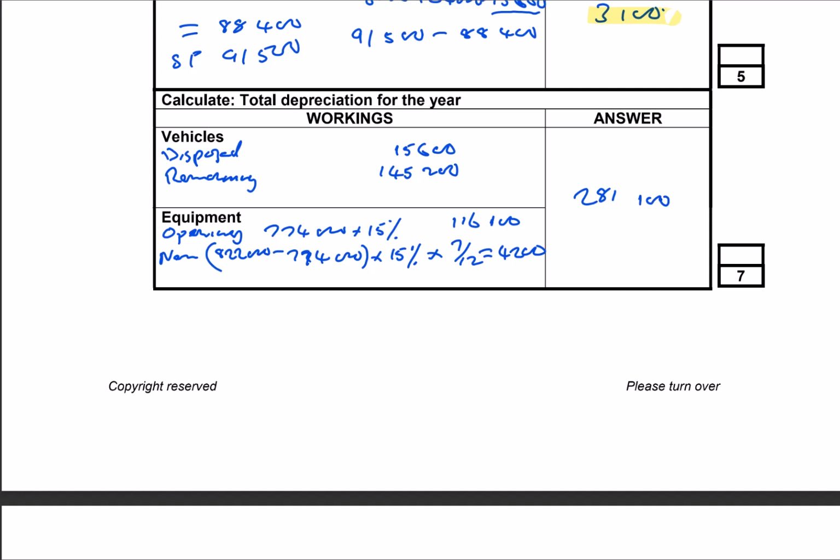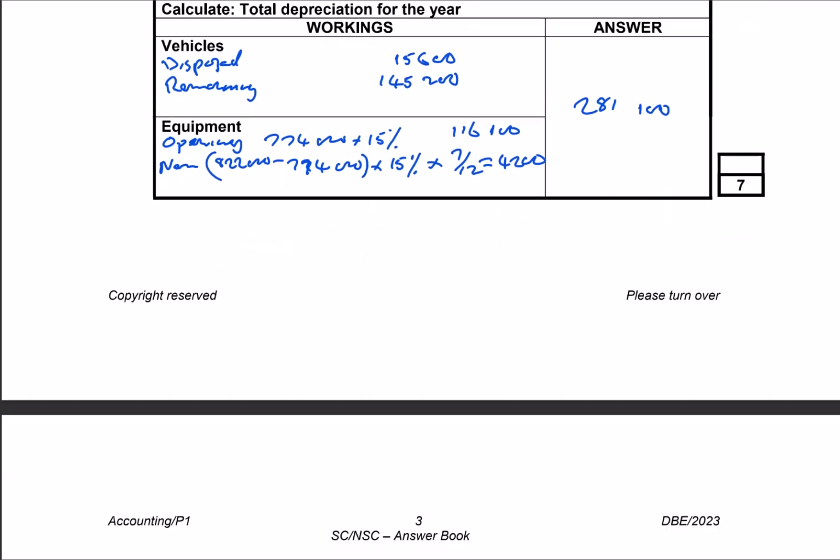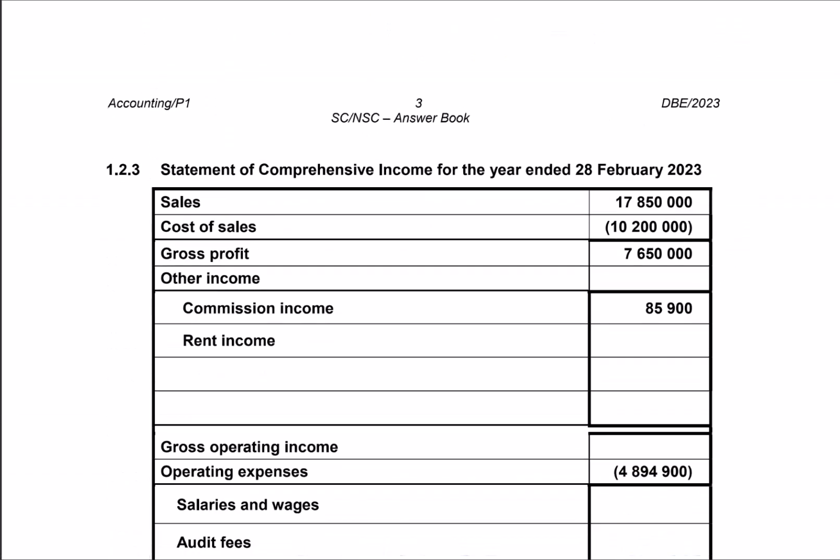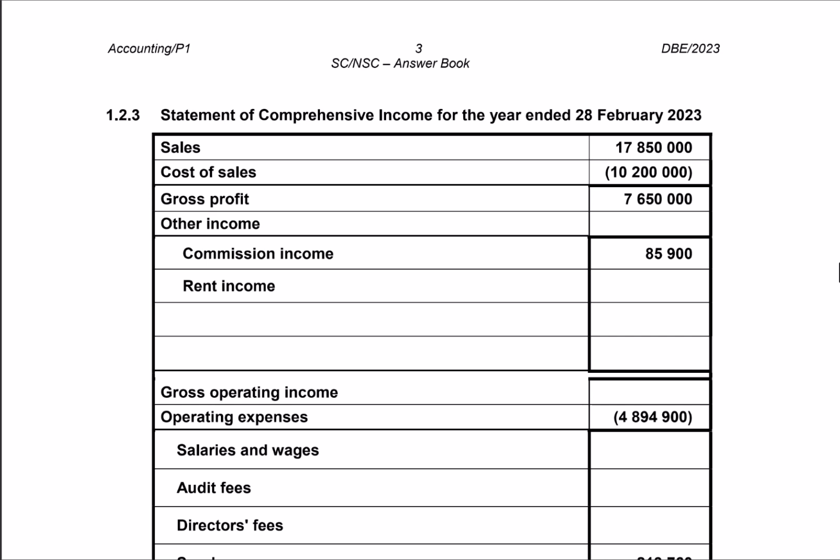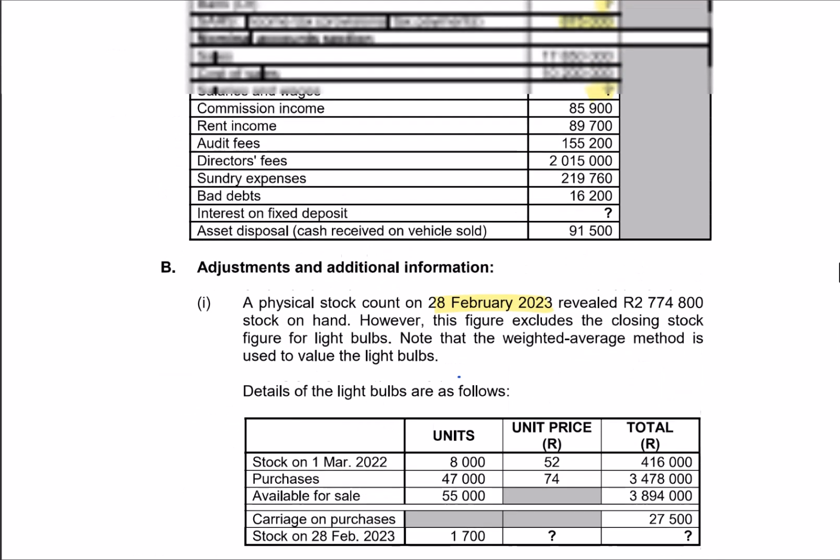Right, so going to the next question, the income statement. You're given sales, cost of sales, and gross profit. Other income, the commission, has already been put in. Rent, we know we have an adjustment because we're told.